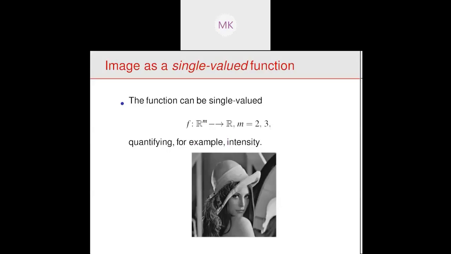The same can be represented by a single-valued function f, given by R raised to m mapped on R, where m is equal to 2 or 3. We then perform quantization, that is digitizing the intensity values, so black and white pixels as well as gray colors are converted into digital form.